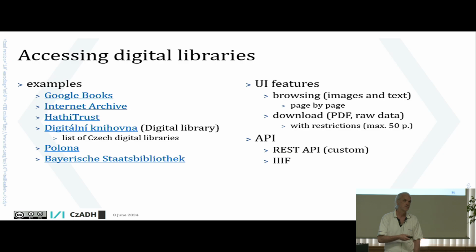And sometimes data can be downloaded as a PDF or as raw data in ALTO format, for example. It's available on Internet Archive. PDFs are downloadable from Google Books.